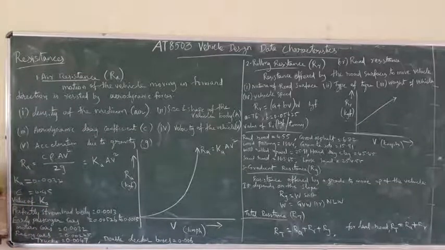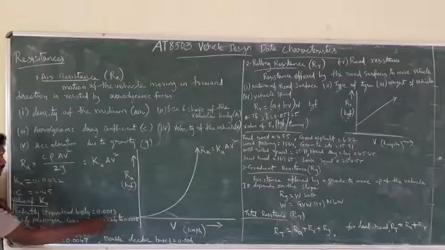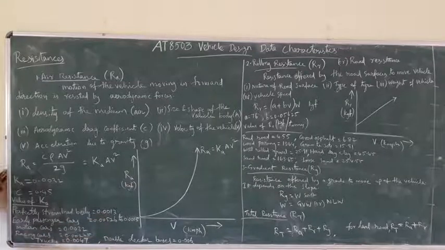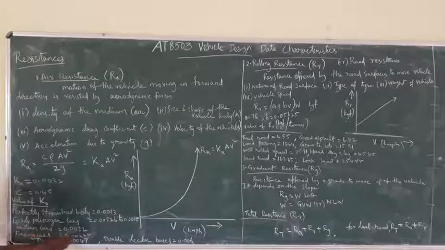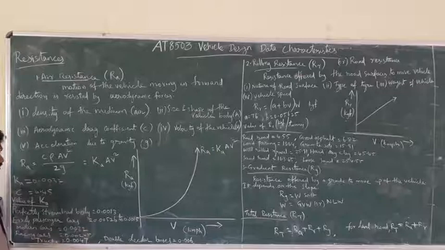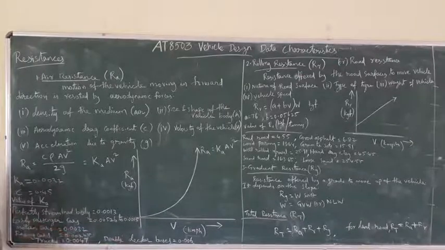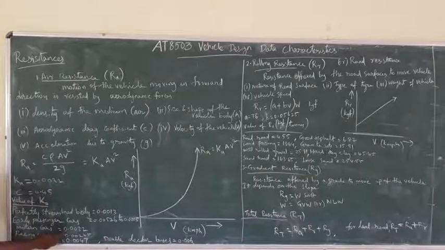That I noted here. For a perfectly streamlined body, the Ka value is 0.0013. For early passenger cars, olden cars, the value will be 0.0526 to 0.015. This is the limit. For modern cars, the value will be 0.0032.